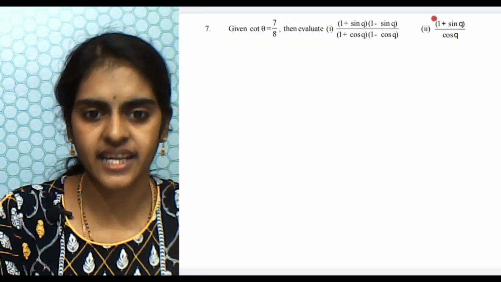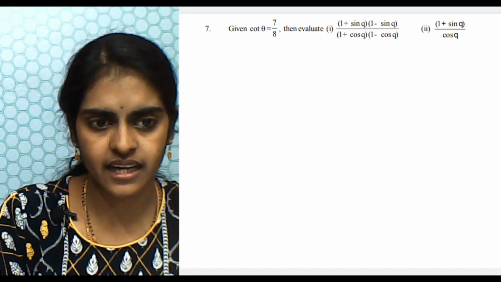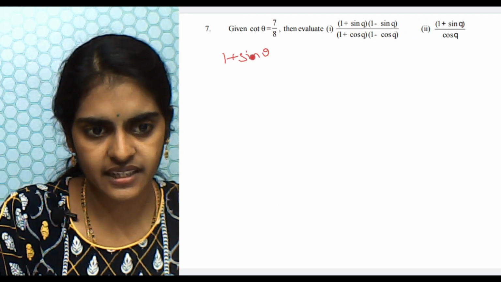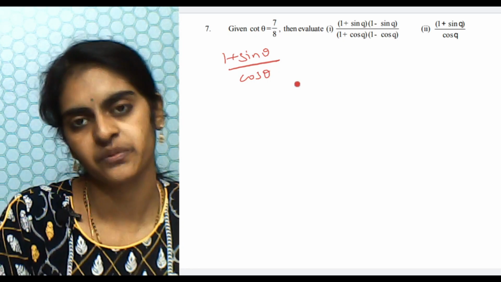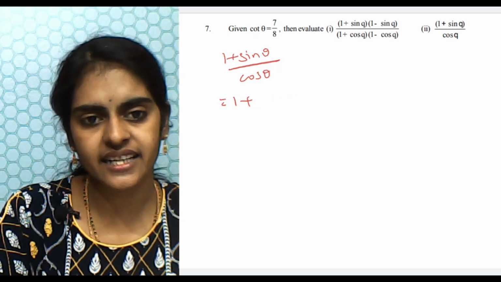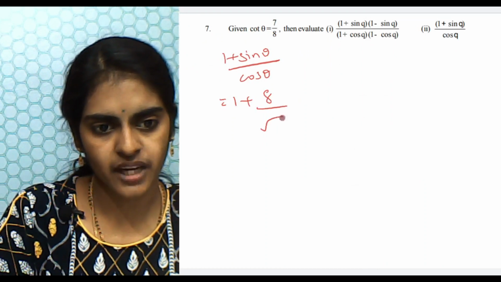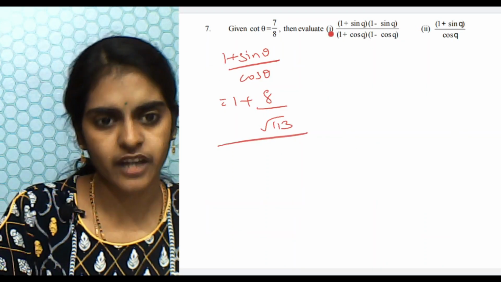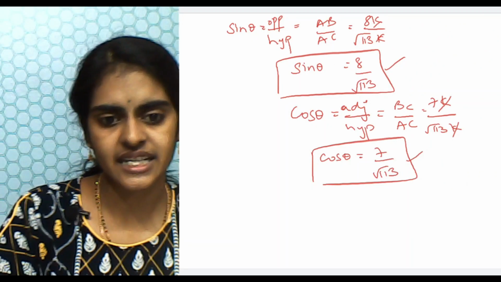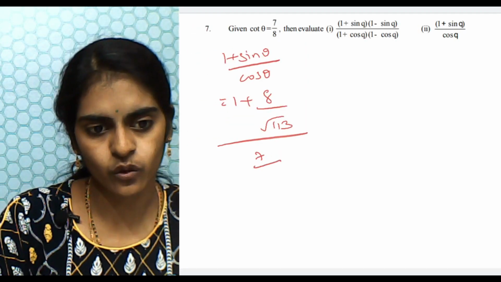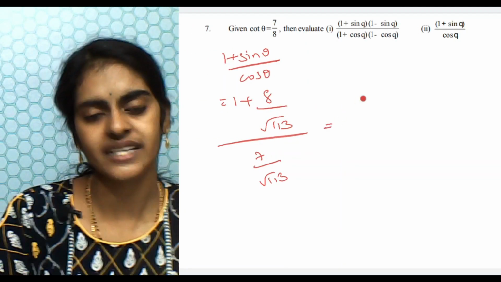The second bit is 1 plus sin theta divided by cos theta. 1 plus sin theta is nothing but 8 divided by root 113, and cos theta is 7 divided by root 113. Now let us take LCM.